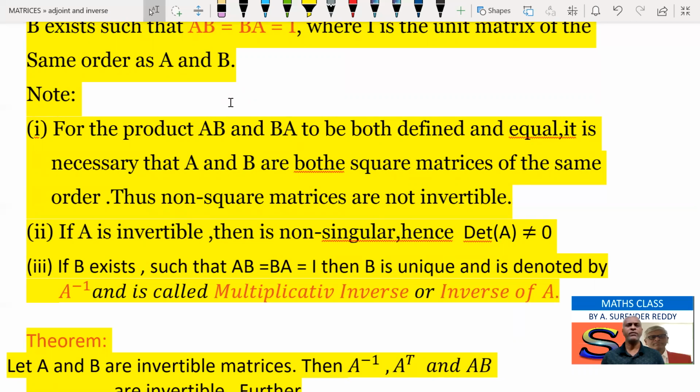AB, BA నిర్వచించబడాలంటే both should be of the same order. Both should be square matrices of same order. Thus, we can notice non-square matrices are not invertible.